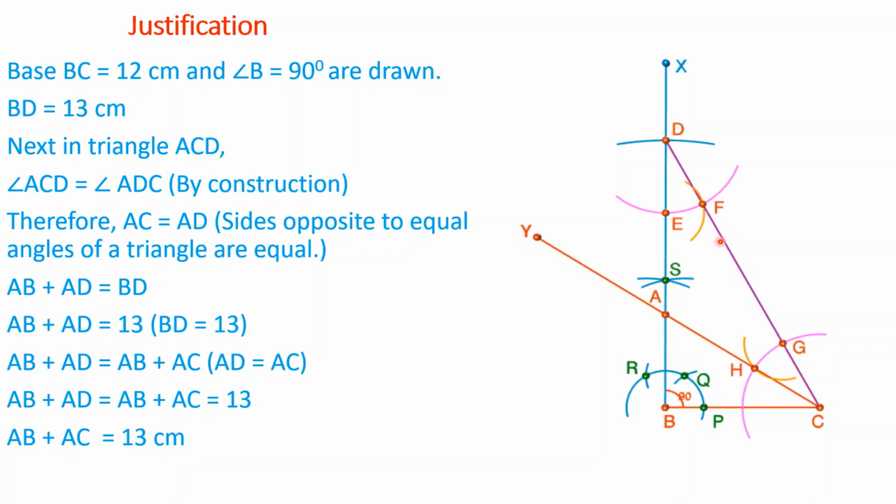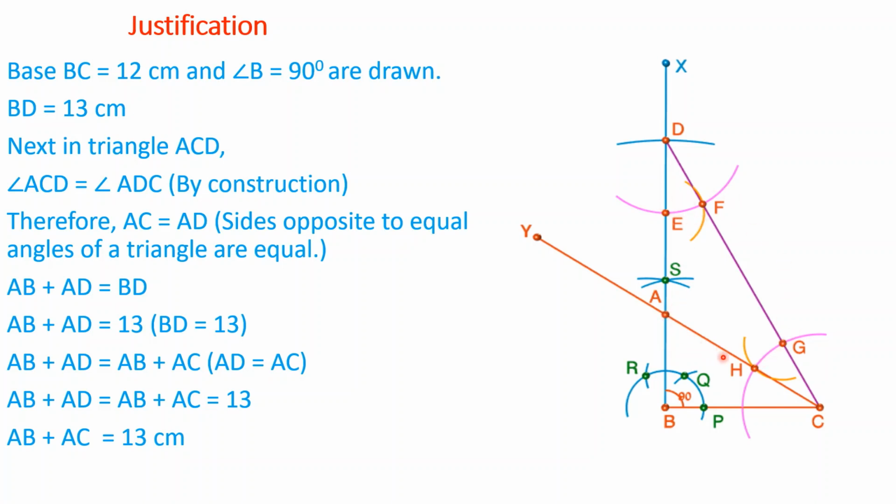Now in this triangle, arc EF equals arc GH by construction. Both are equal, meaning this angle and this angle are the same.